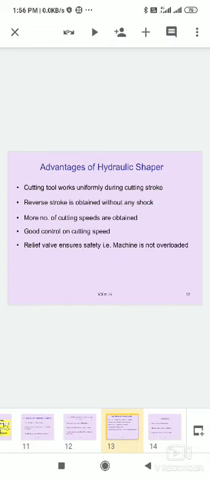First we learn the work table, base, column, ram. These are the types, these models we can learn. In this machine, the column is not mentioned on the top because it has an inner mechanism, as shown in this figure.